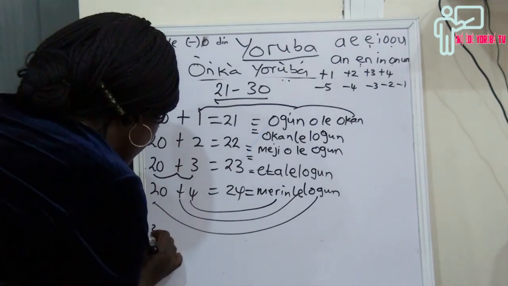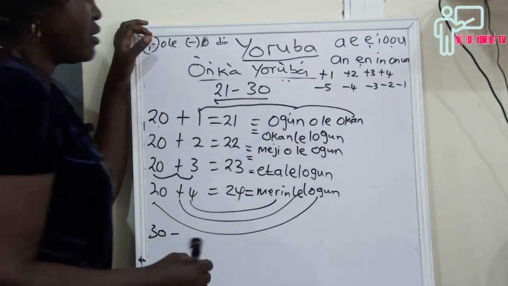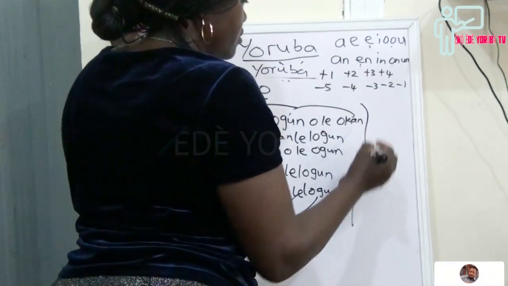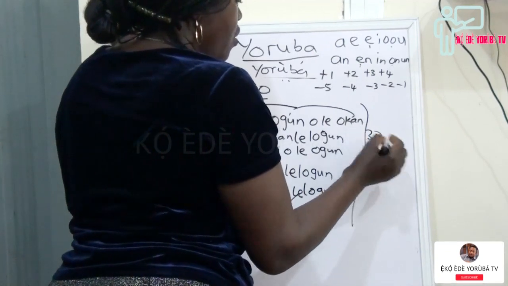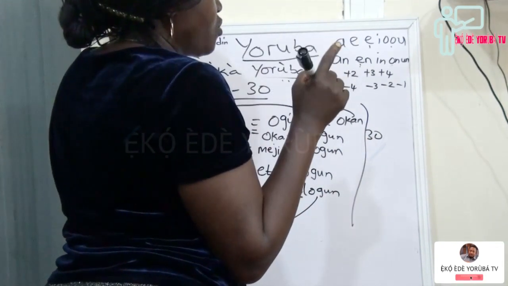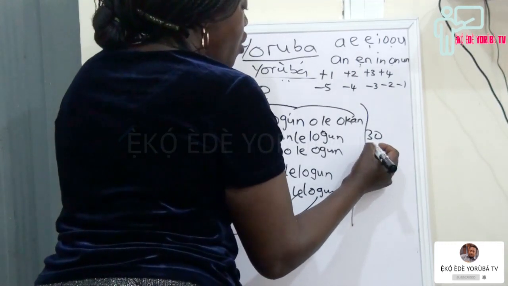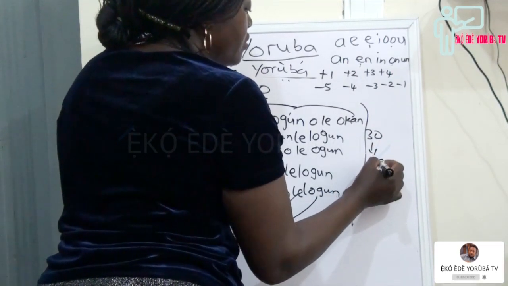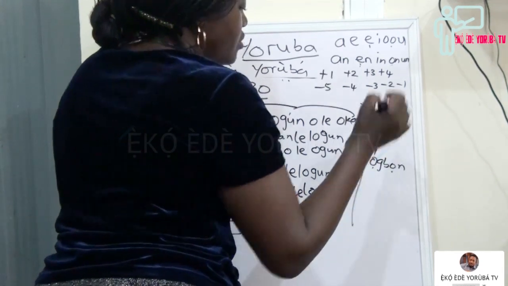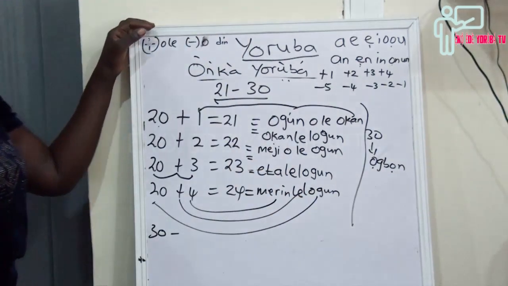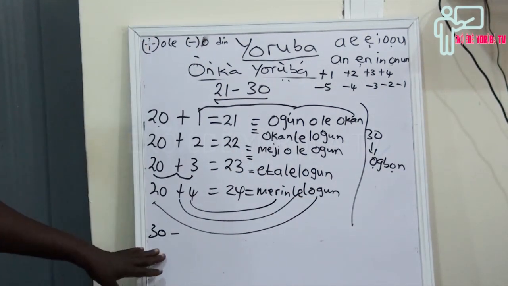What do we call 30 in Yoruba? We say ọgbọ̀n. I want to do it like before, the one I taught you before I started, number 20. So we call this one ọgbọ̀n. 30 ọgbọ̀n.